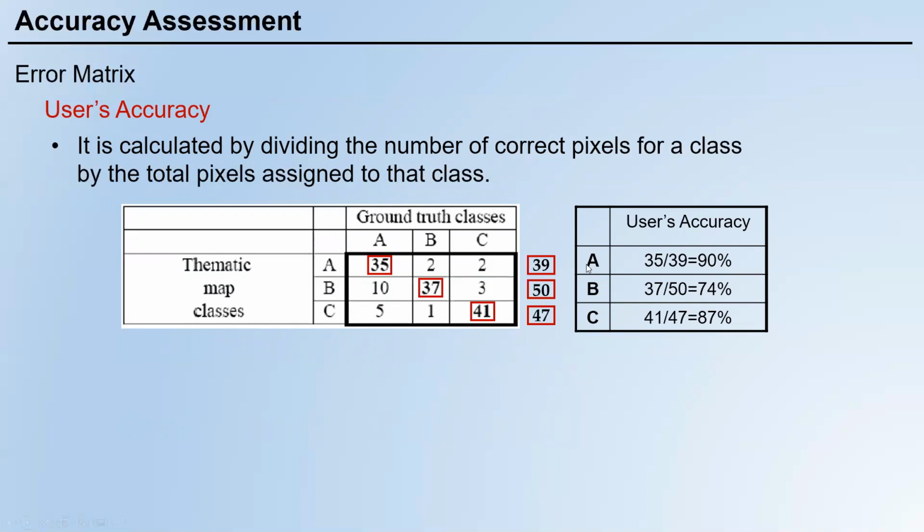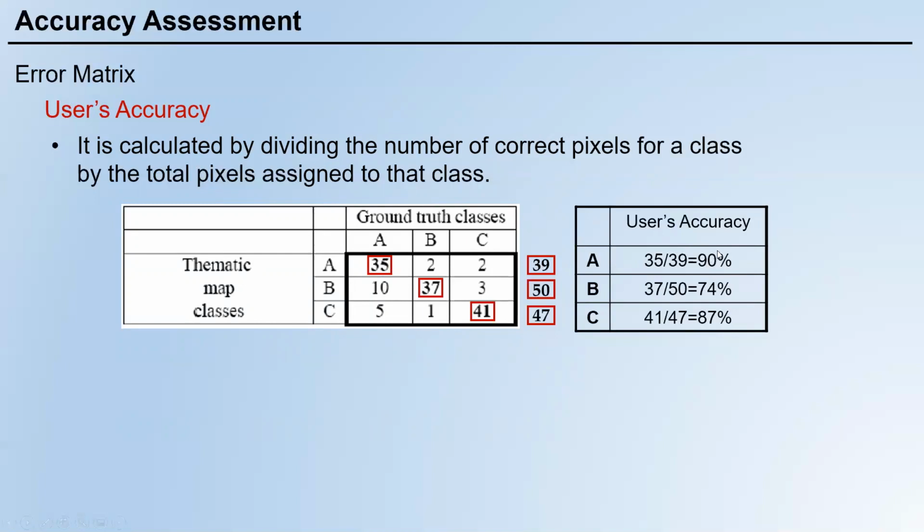For class A, you said that 39 pixels belong to class A. But the fact is that only 35 of them belong to A. So what's your percentage of correctness? 35 divided by 39, that's 90%. So what does this 90% mean?